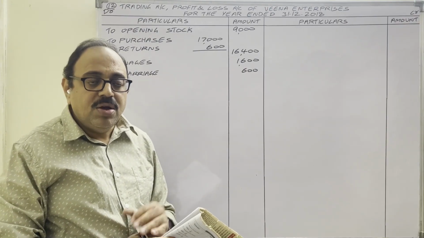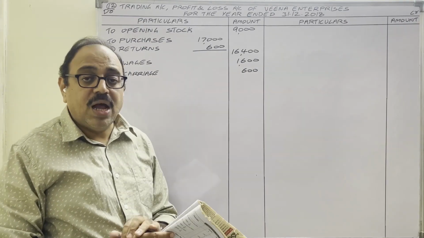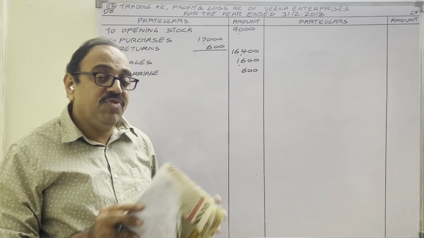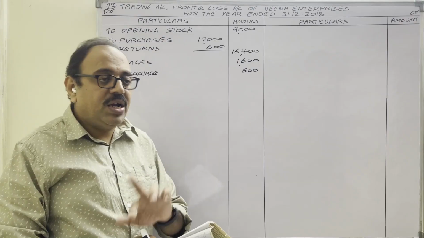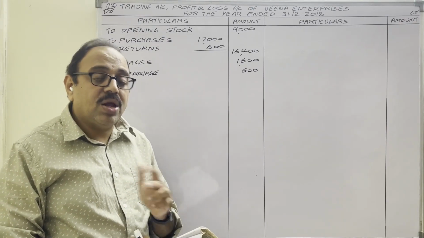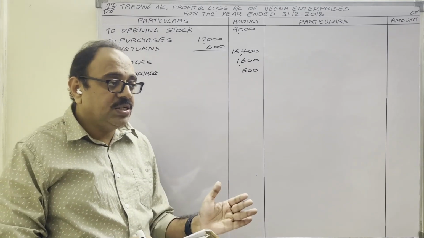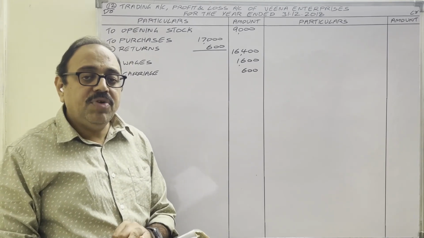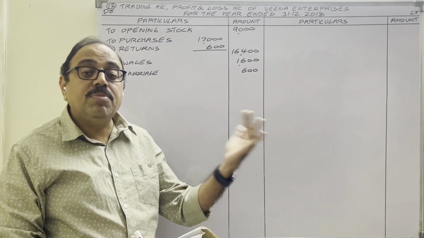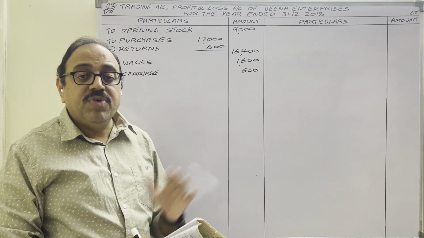For example, for local or internal transportation, meaning transportation within the country, from one district to another, from one city to another, or from one state to another state, here we can use the word carriage. Suppose we are bringing goods from another country, meaning we are importing goods.